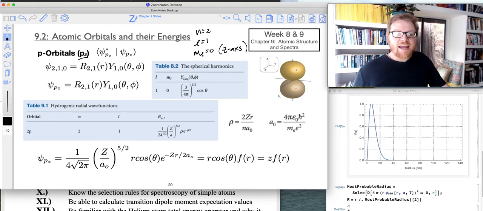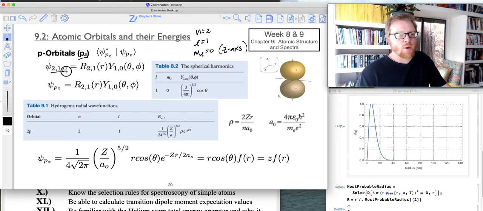And we're going to create this pz wave function, psi pz, and specifically we'll define our p orbital as the square modulus, psi star psi, of psi 2,1,0. So let's build that up. I can separate that into the radial and angular components, R 2,1 and Y 1,0.